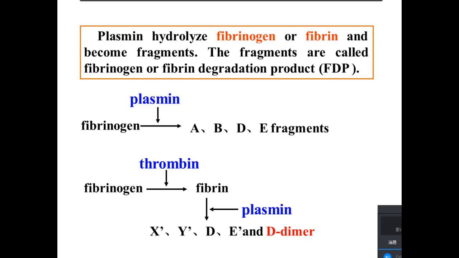The FDP has D-dimer. So in DIC, the patient's blood has D-dimer. So if the patient's blood has D-dimer, we know the FDP is produced from the second pathway. The patient's fibrinolytic system is secondarily activated.